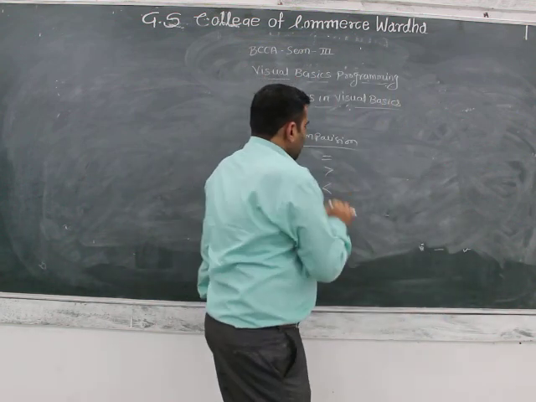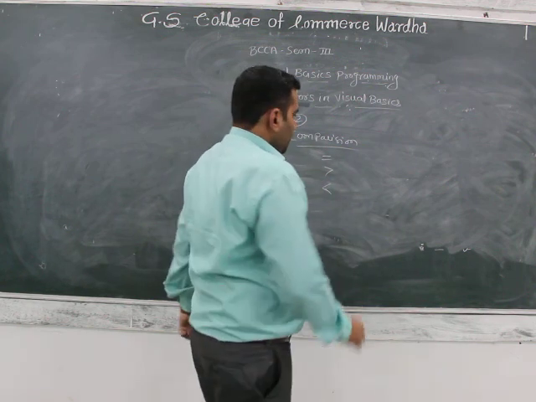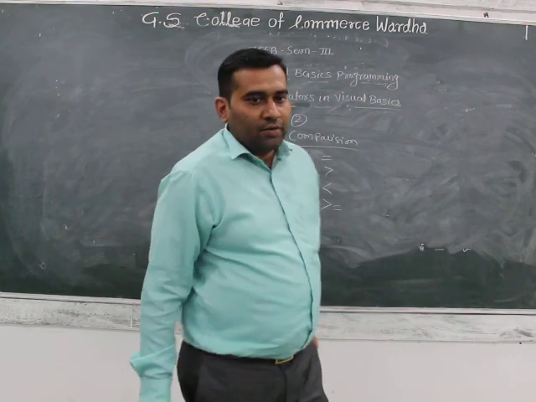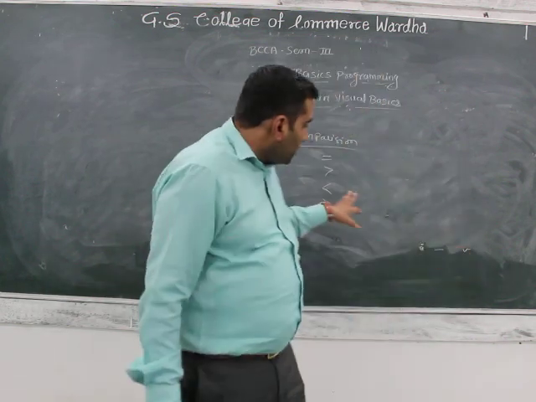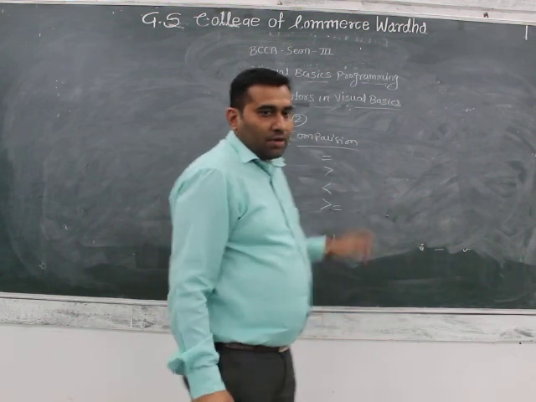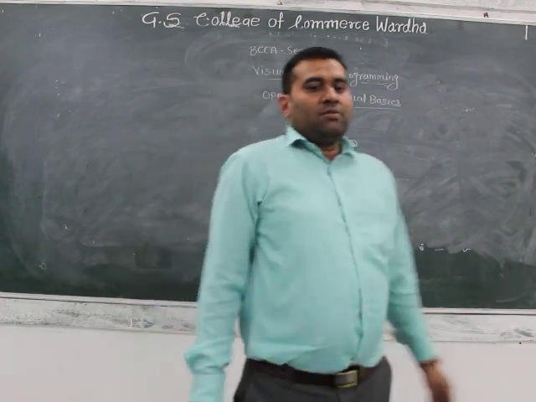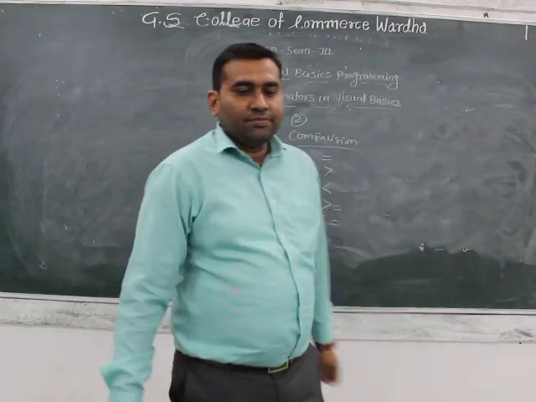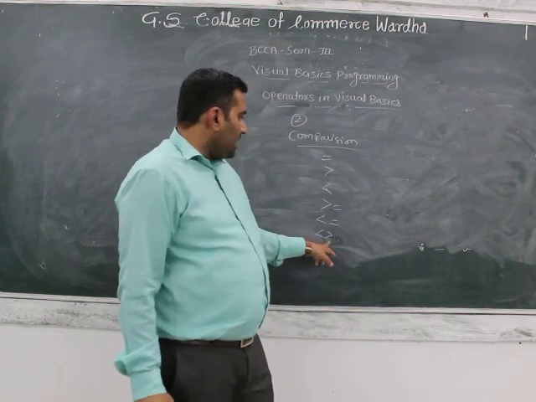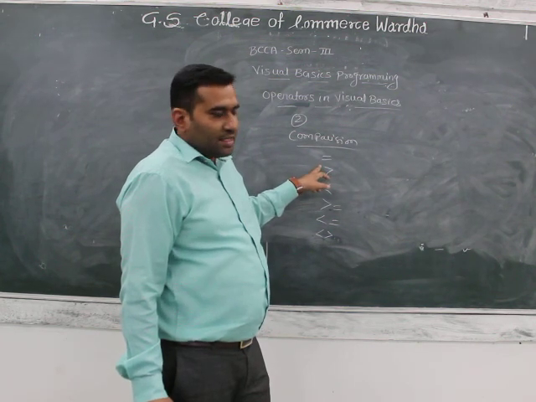Third is less than, used to find out the lowest number. Then greater than or equal to, to find out whether the value is greater or equal. Next is less than or equal to, to find out whether the value is less or equal, and not equal to.